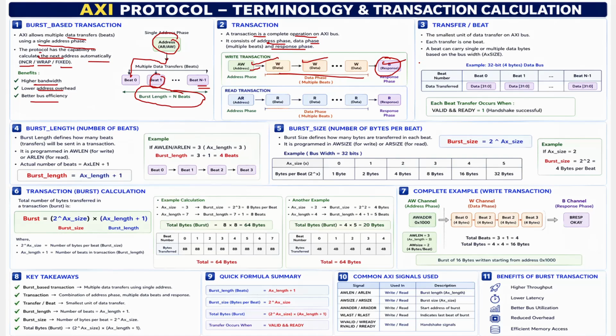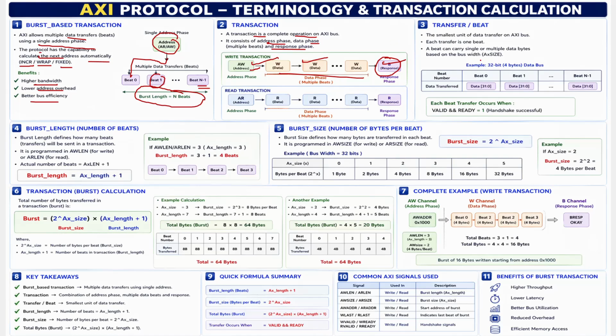Based on that, all the transfers are combined together, and then one transaction happens, either a write transaction or a read transaction. When all three phases, address phase, data phase, and response phase, are completed, the full transaction is completed, either write or read.